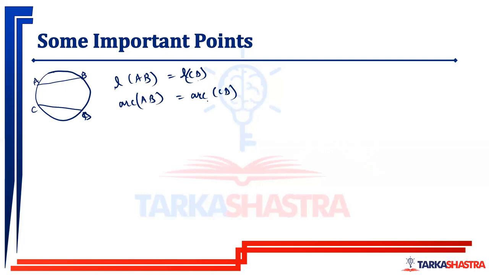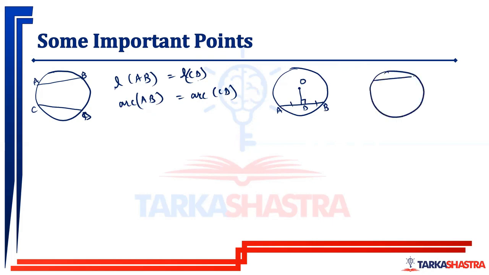A perpendicular from the center to the chord bisects the chord, we have already seen this. Then next, equal chords of a circle are equidistant from the center. Let us say AB and CD are two equal chords.